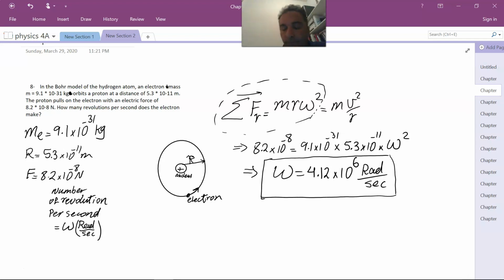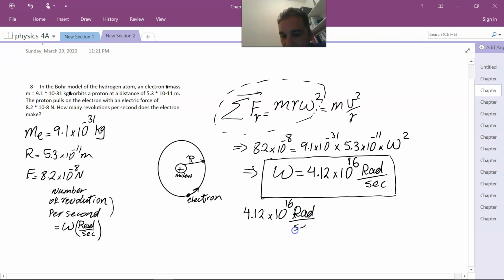Okay, now if I find it by rotation per second or revolutions per second, so this is in metric system, radians per second. I think I made a mistake, yeah, this is 16, sorry, times 10 to 16. Let's say this is radians per second. I want to convert radians to revolution. Here is radian, correct?